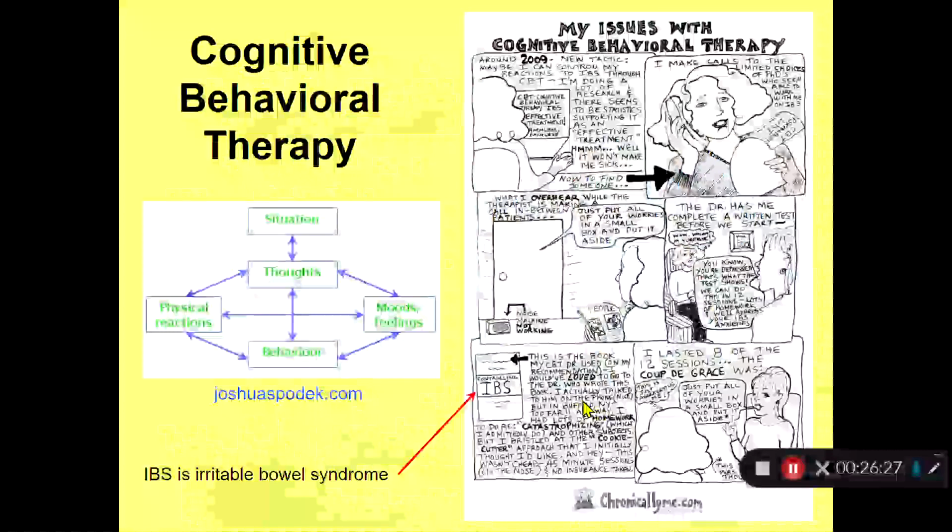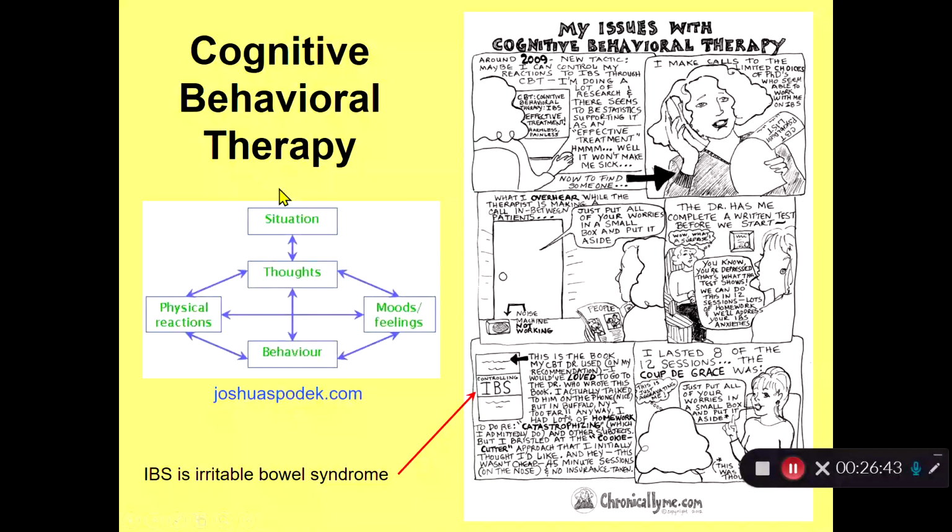What about therapy? Various kinds of psychotherapy can help. The most common form of psychotherapy today is called cognitive behavioral therapy or some variation on cognitive behavioral therapy. It's based on the fact that our thoughts about situations can affect our behavior, but they can also affect our moods and feelings.